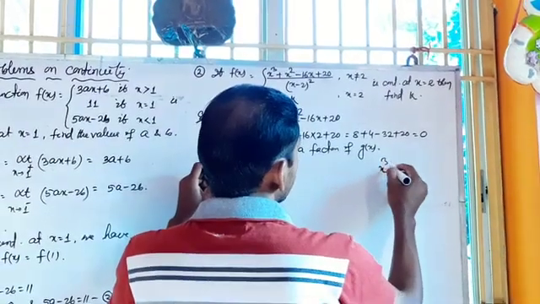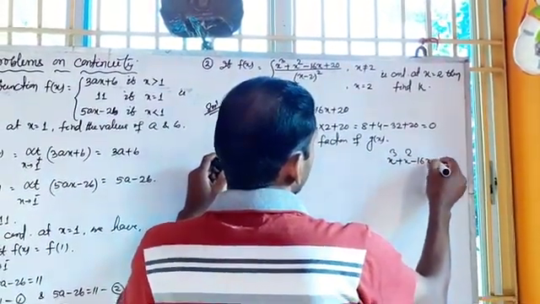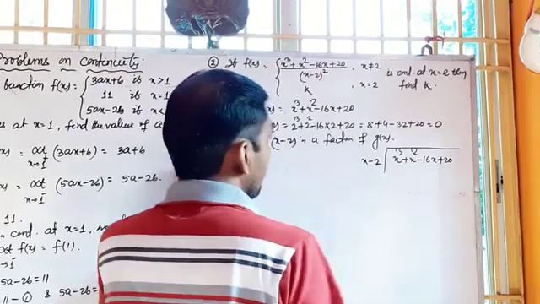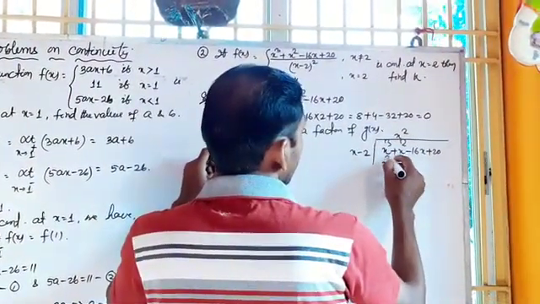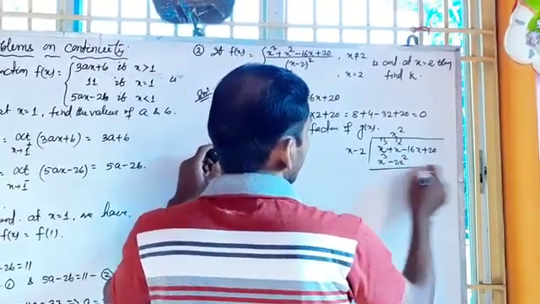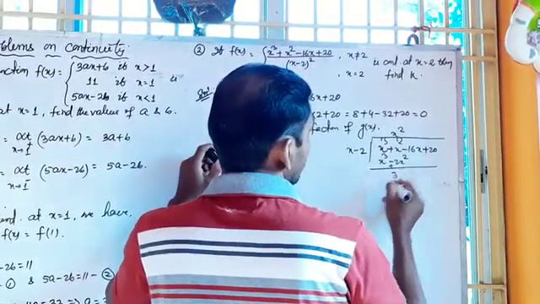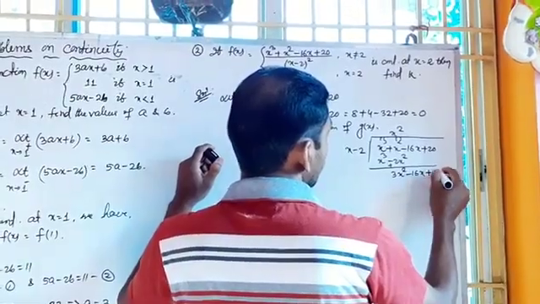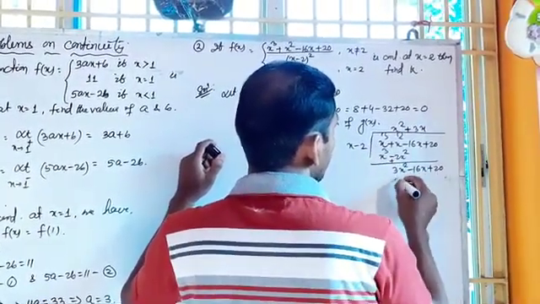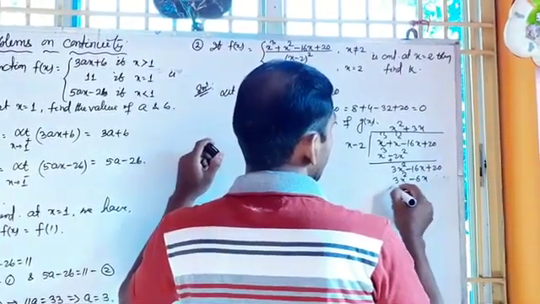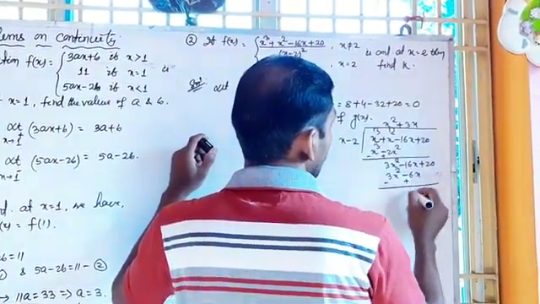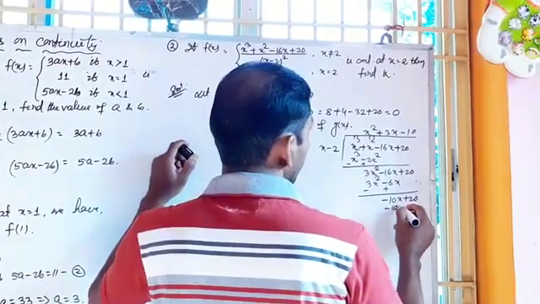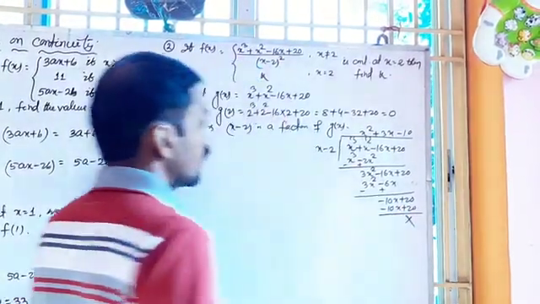Okay. Now if x minus 2 is a factor of g of x, here you can divide x cube plus x square minus 16x plus 20 by x minus 2. So first it will be x square, x cube minus 2x square, subtraction, it is plus, so it is 3x square minus 16x plus 20, it will be plus 3x, so 3x square minus 6x, it is negative, it is positive, so minus 10x plus 20, so minus 10, remainder is 0.